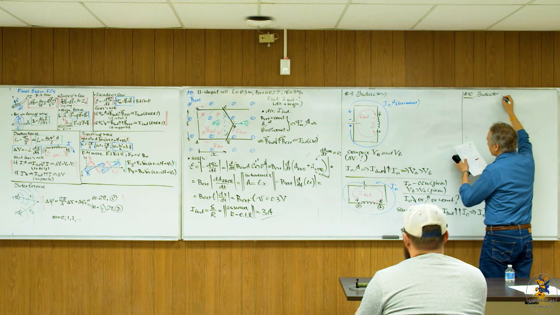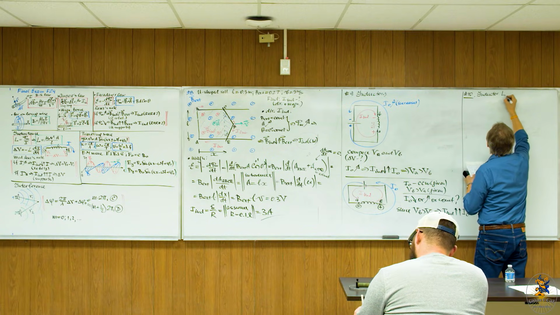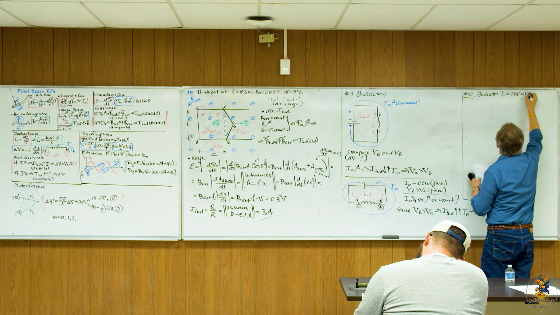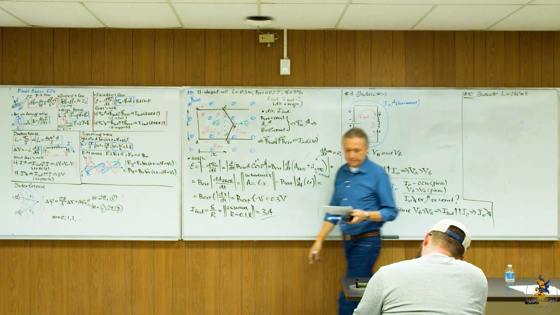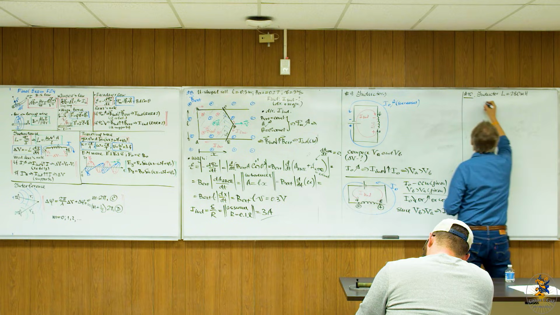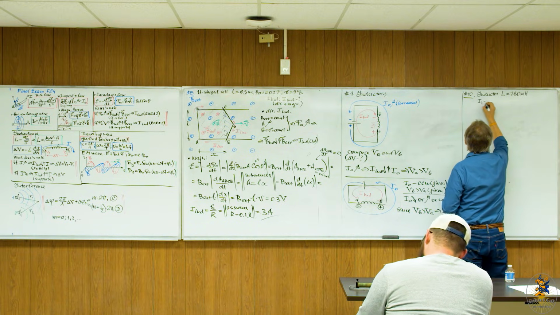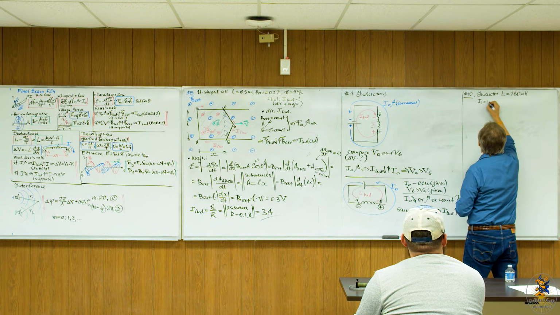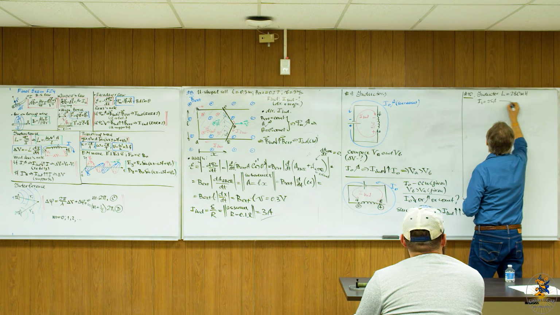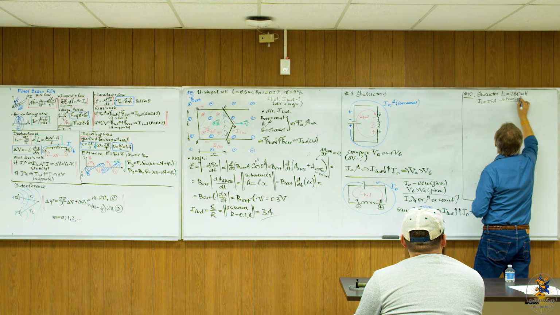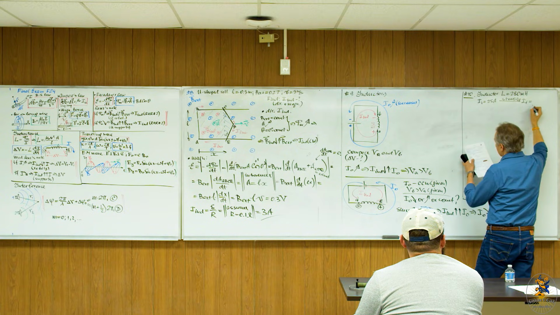So the inductor's inductance is given as L, 280 millihenry, H for Henry. The current changes steadily. The initial current, let's say, is 25 amps, and it changes steadily to I final, which is 10 amps.